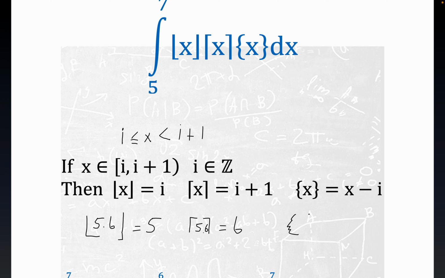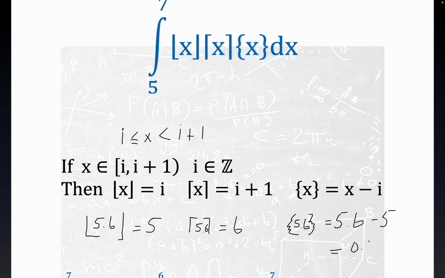The fractional part of 5.6 is of course going to just be 5.6 minus 5. Now again, these are formal definitions. You can do all these things just in your head by having a feeling for what these functions mean. This is equal to 0.6.